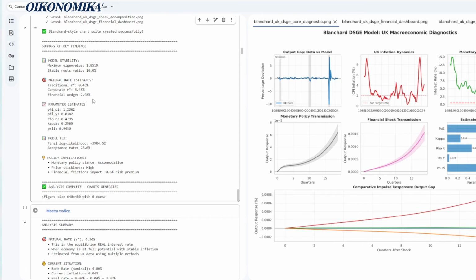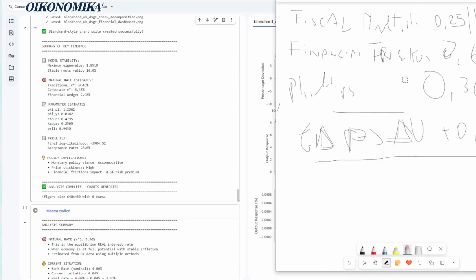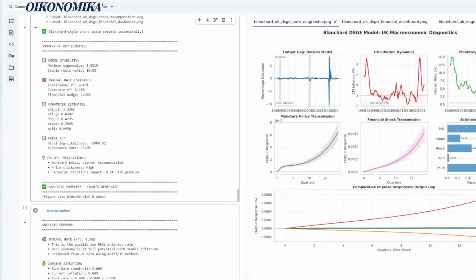So that the neutral level of interest rate, I think I'll have to take another whiteboard. The neutral level of interest rate has become quite low, and so the Bank of England has very little room for cutting interest rates, and we have this famous financial wedge and financial friction component.